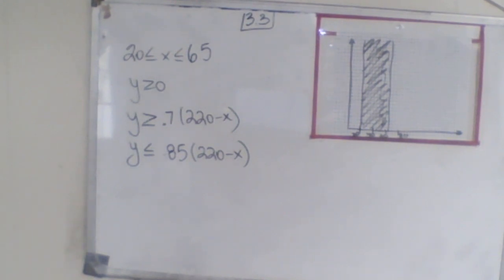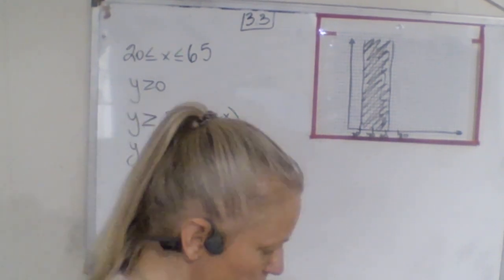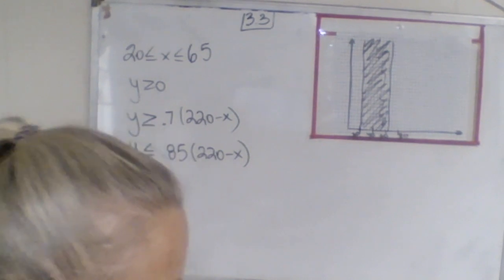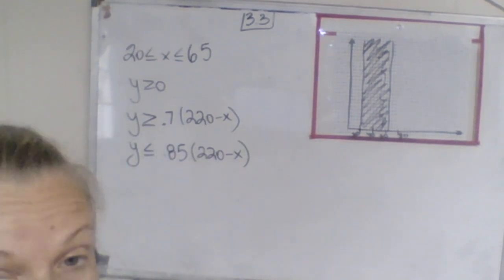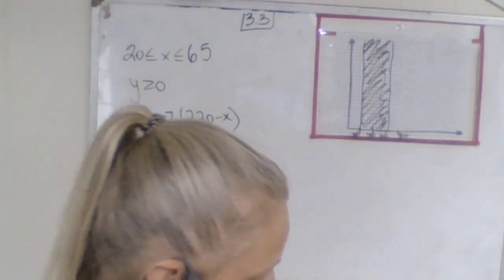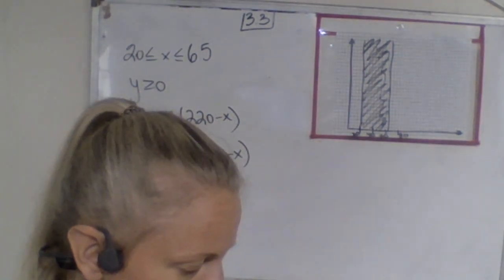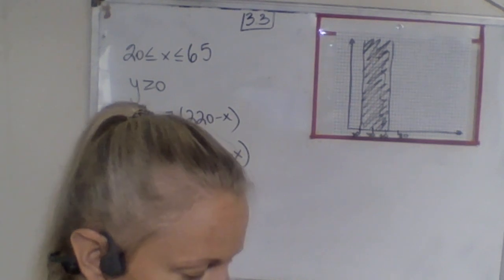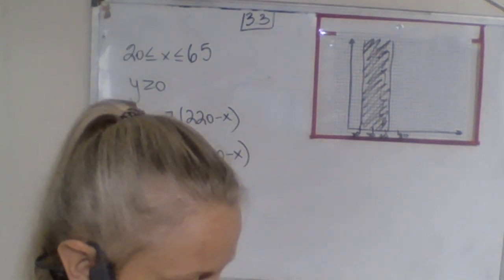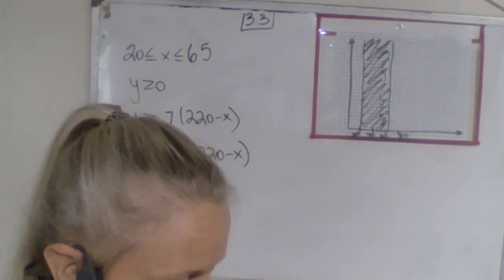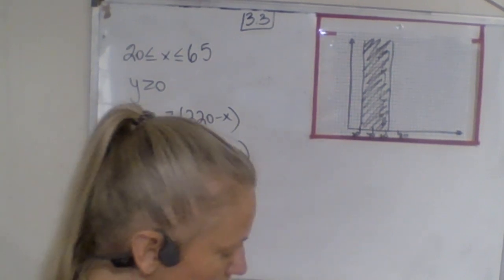I don't remember what my window is right now, so we're going to have to play with our windows once this graphs to the best of its abilities. Mine is done. We're going to hit window. Mine was terrible. Let's do x minimum 10 and x maximum 65. And then for my y's, I know it's going to be a big number.